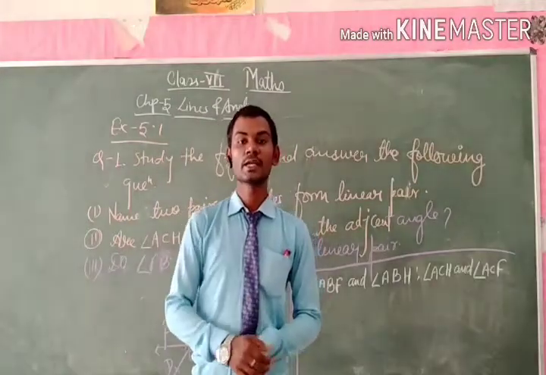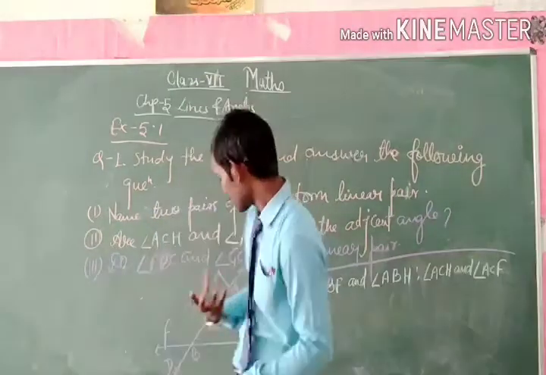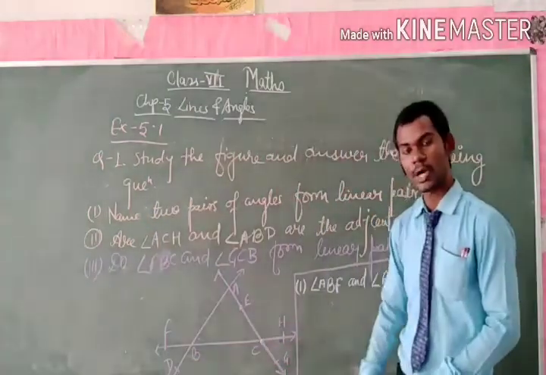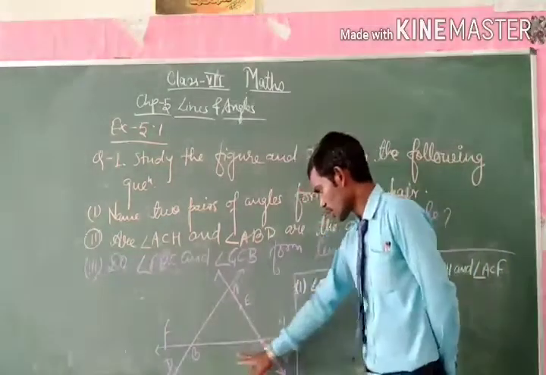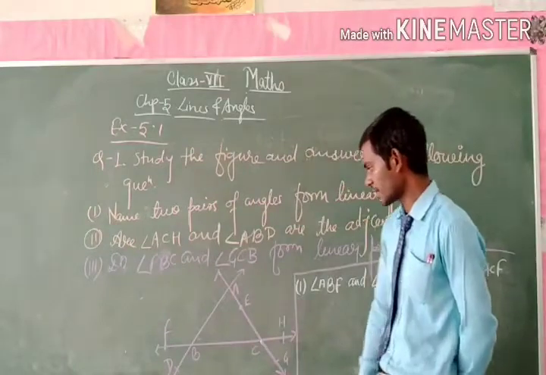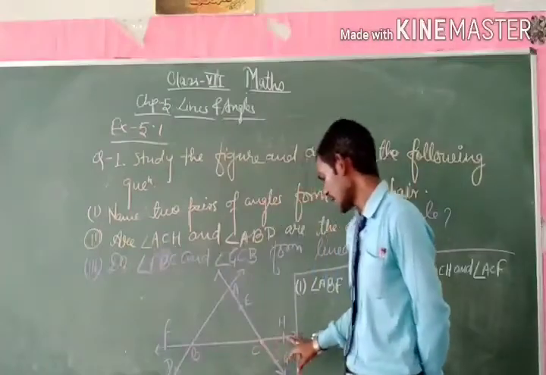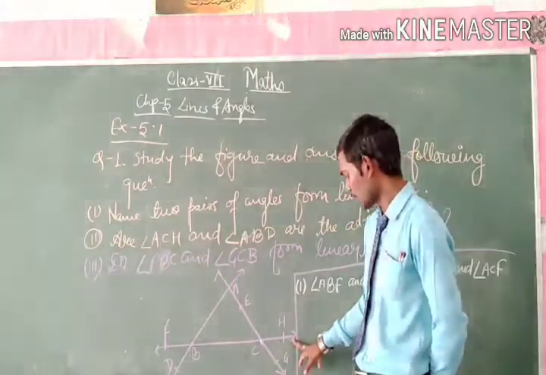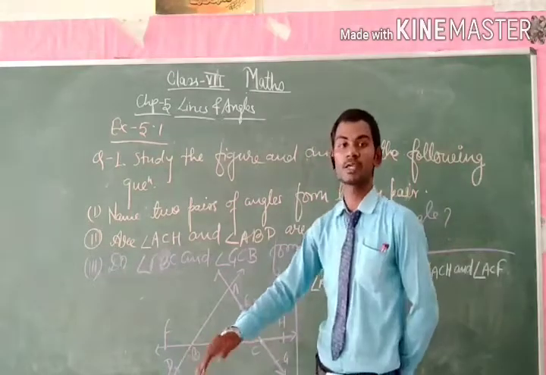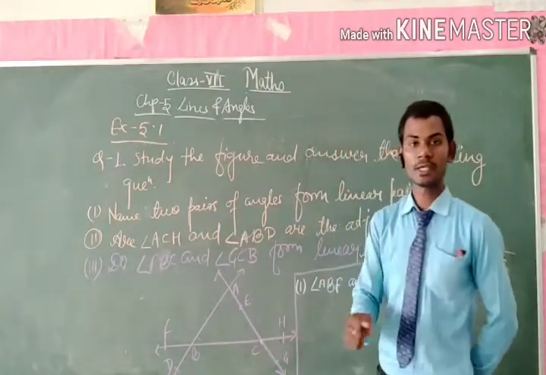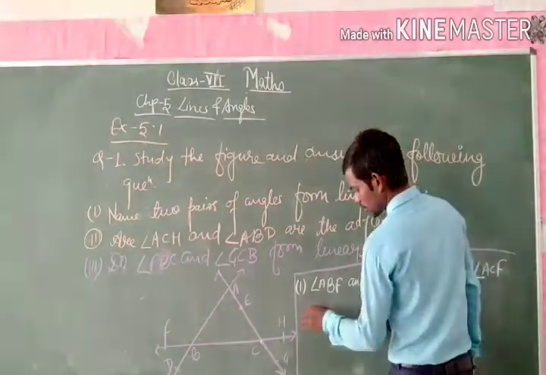Similarly, we write the second pair of linear pairs. For this, we have to move down about this horizontal line. Then we get DBF and DBH as the first linear pair, and GCH and GCF as the second linear pair. In this way, we can find out the other pair of linear pairs.